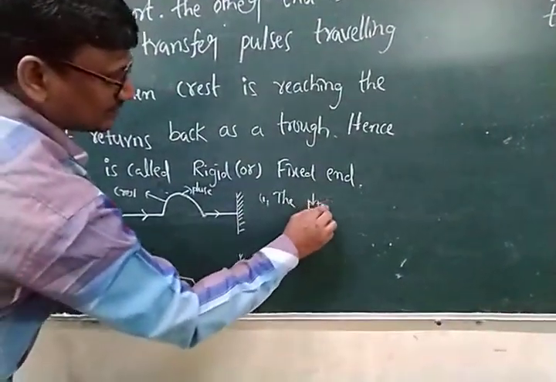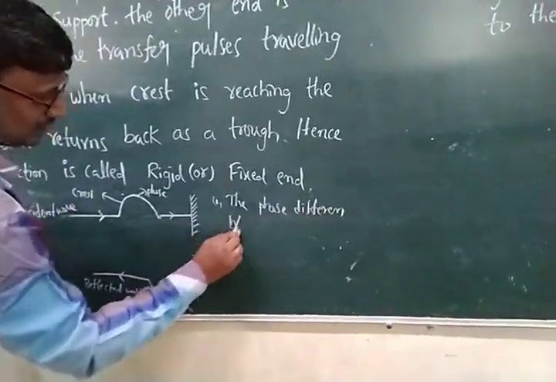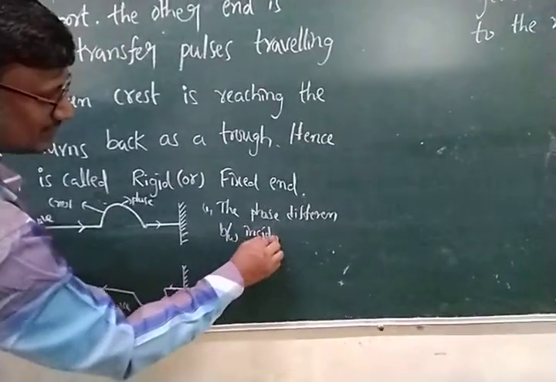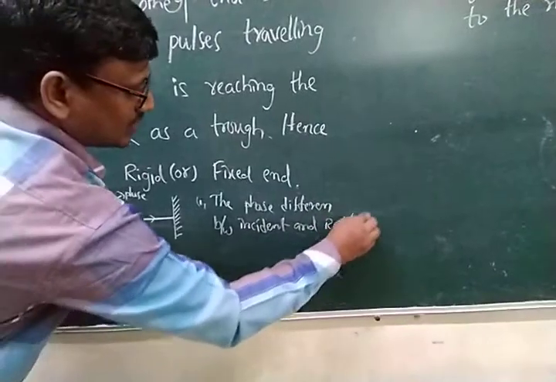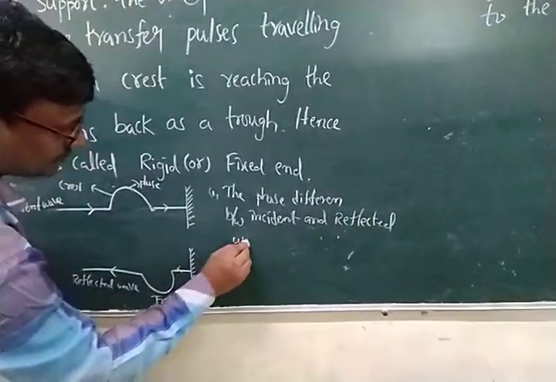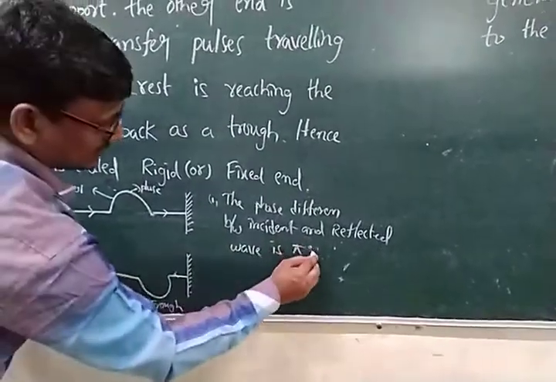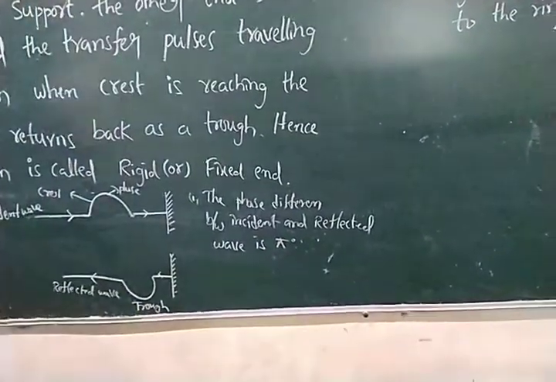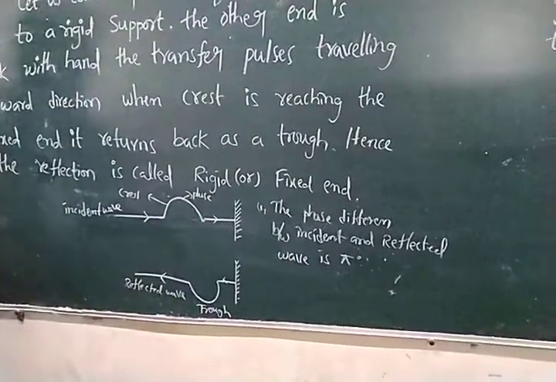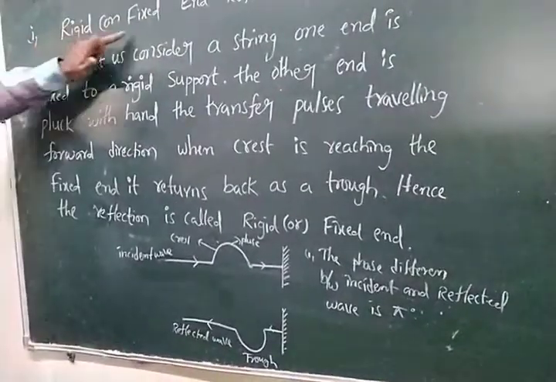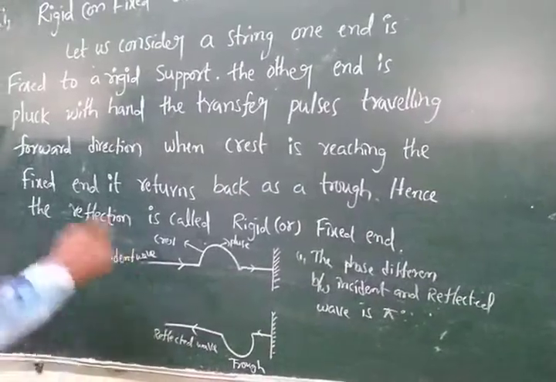The phase difference between the incident and reflected wave is pi, that is 180 degrees. See, this is the crest and the reflected wave is a trough. This is called the rigid or fixed end reflection.